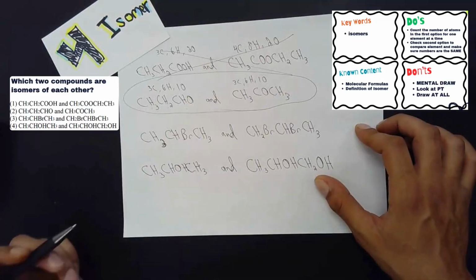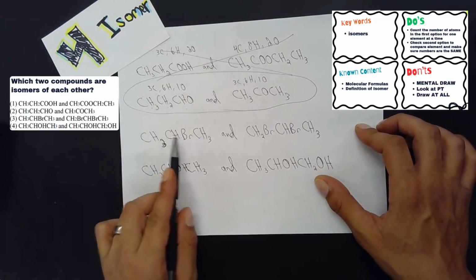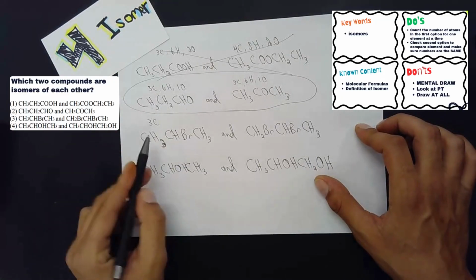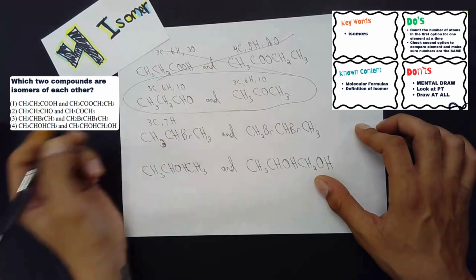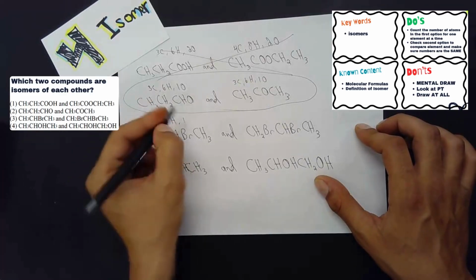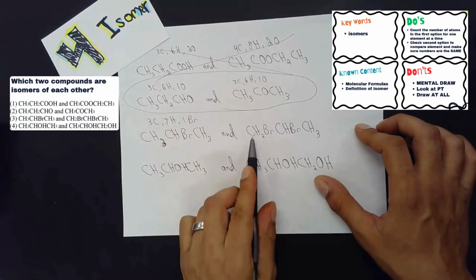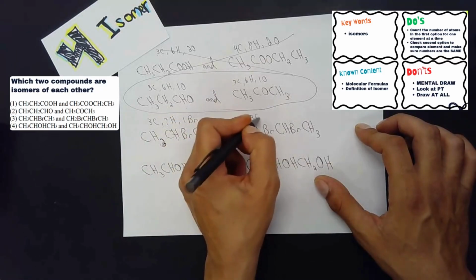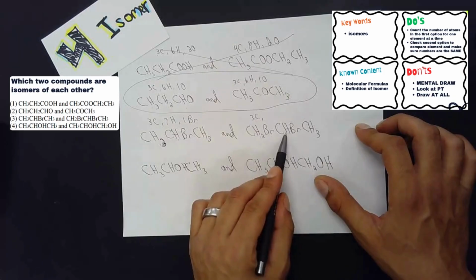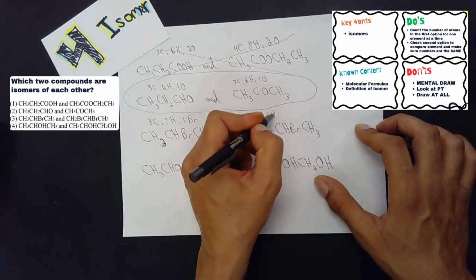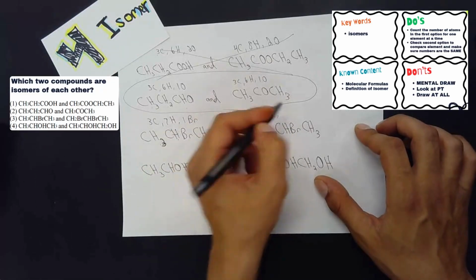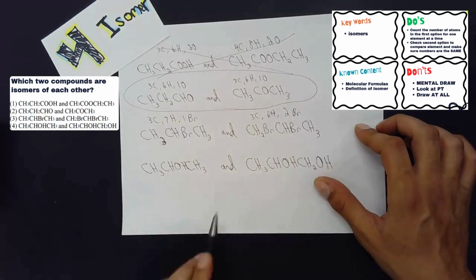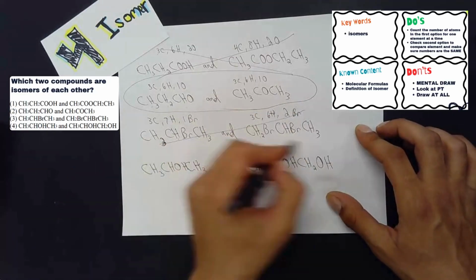But again, for the sake of the video, let's continue. 3 carbons, 7 hydrogens, and 1 Br. In this one, we have 3 carbons, 6 hydrogens, and 2 Brs. This last one, we know that's a no-go.